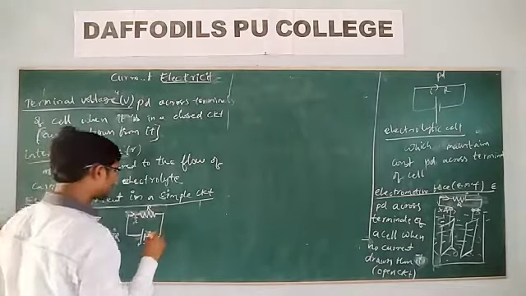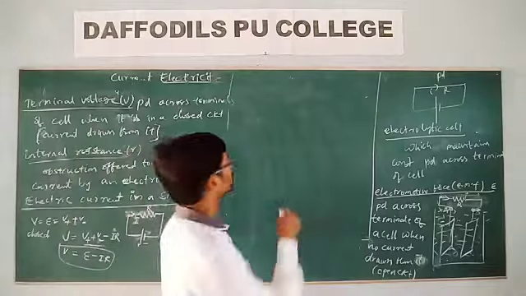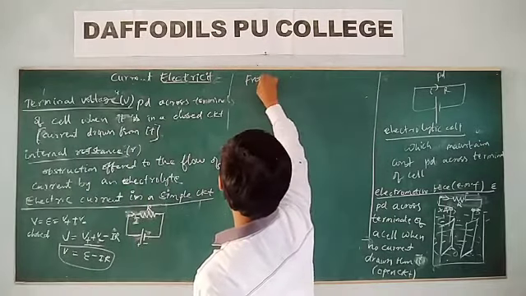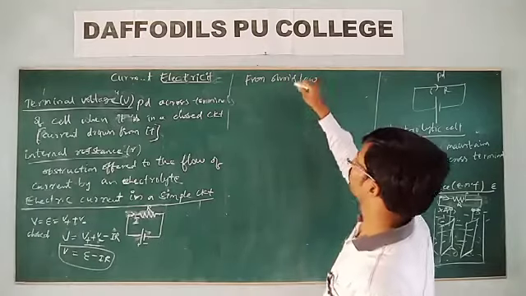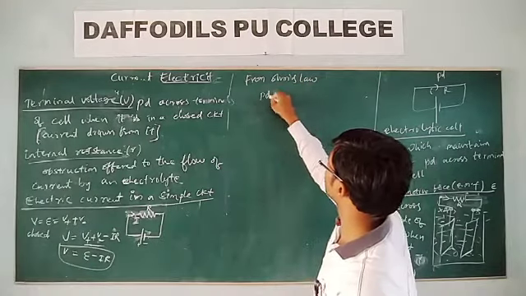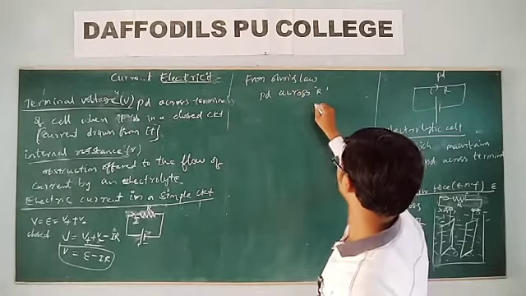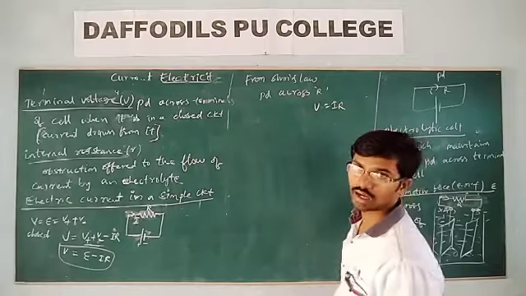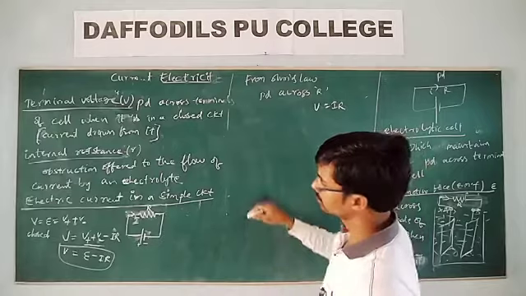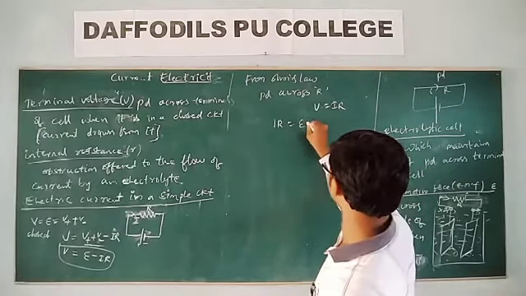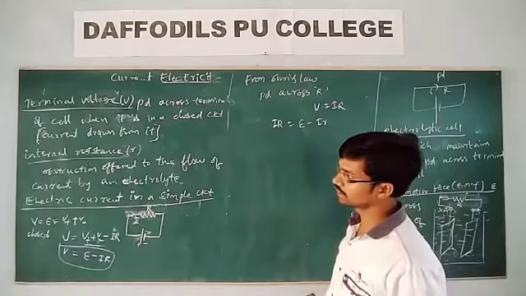Whereas, according to Ohm's law, what is the potential difference across the resistor? V is equal to I into R. So you substitute that value in this one, then IR is equal to E minus Ir.